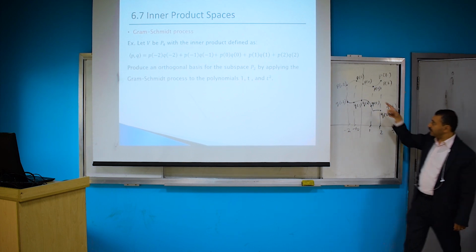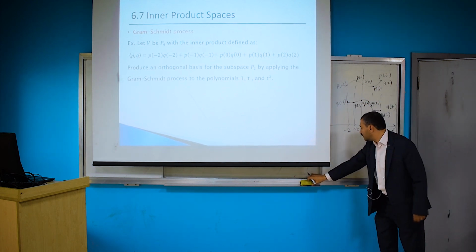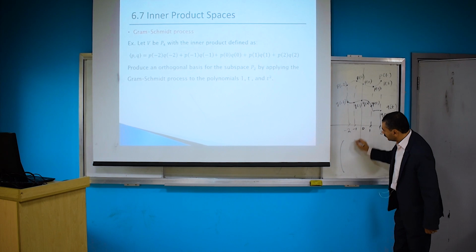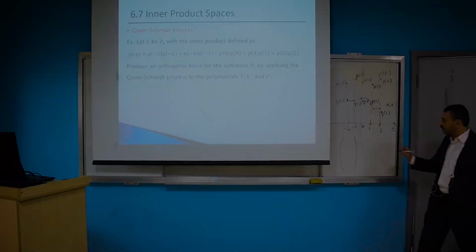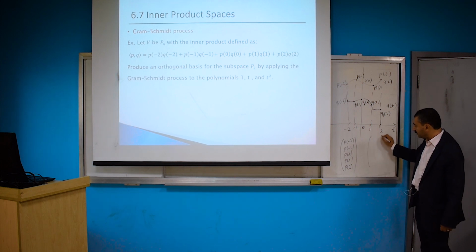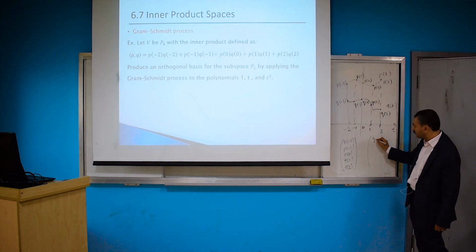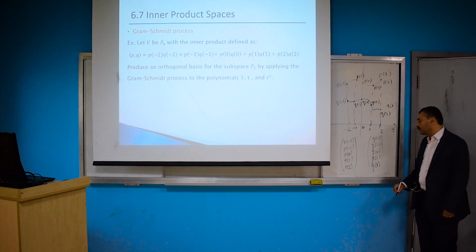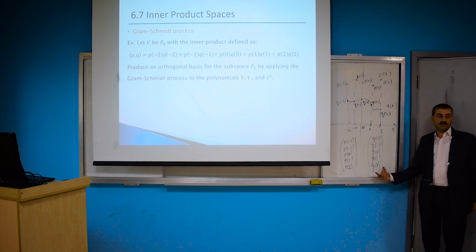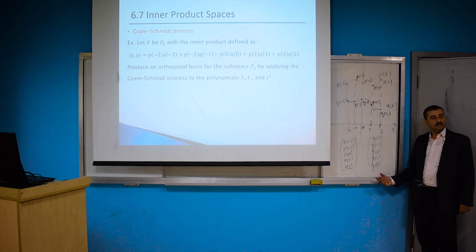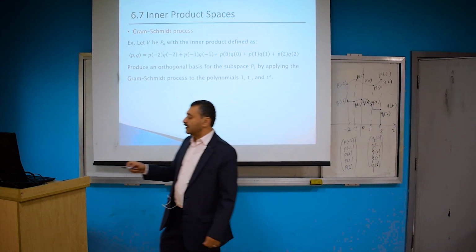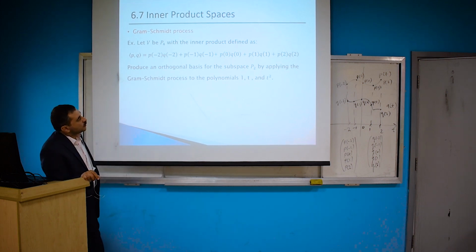So you take the values at -2, -1, 0, 1, 2, and put them in a vector. And similarly for the second polynomial, these are the sample values. And then what is written here is the dot product between these two vectors. So this can be defined as an inner product between the two polynomials.